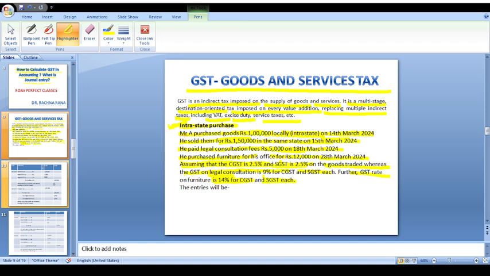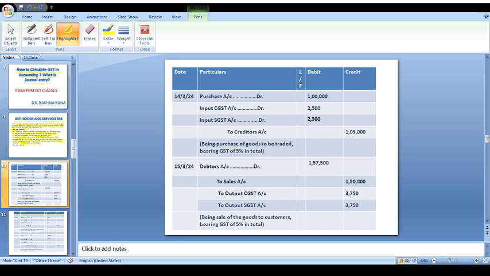Now the entries. First entry is for the purchase, which happens on 14th March.